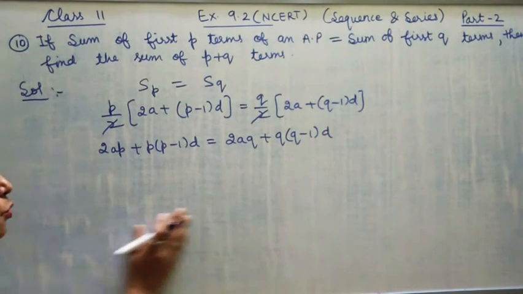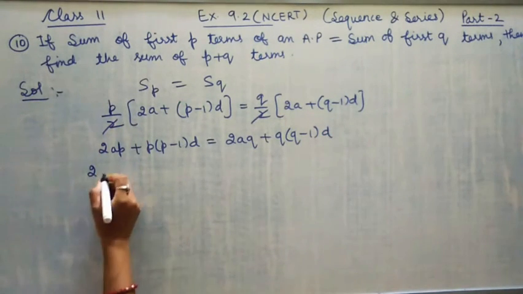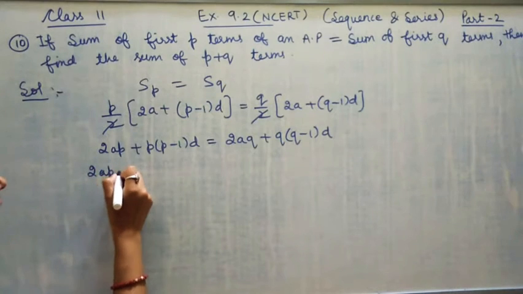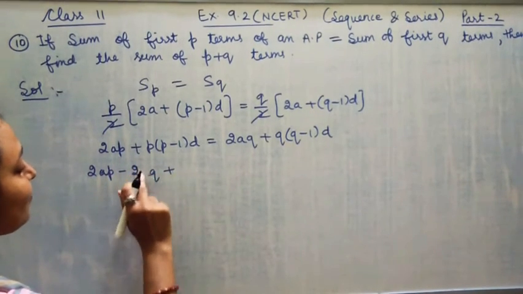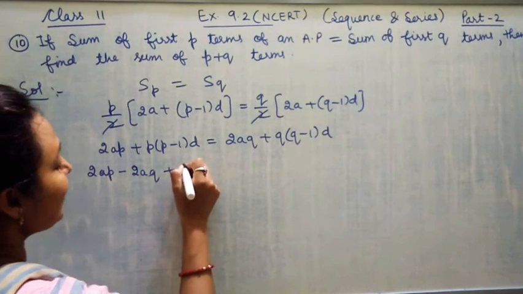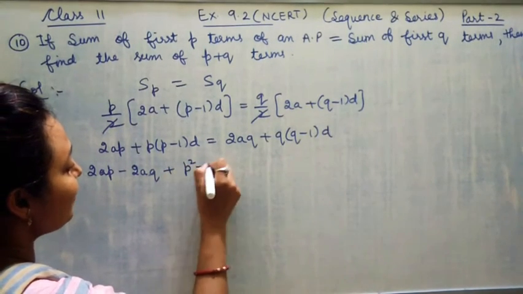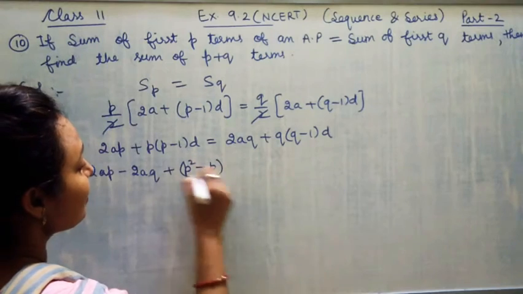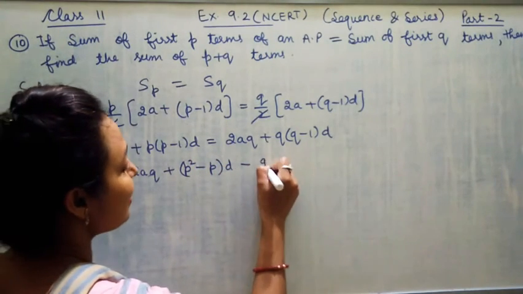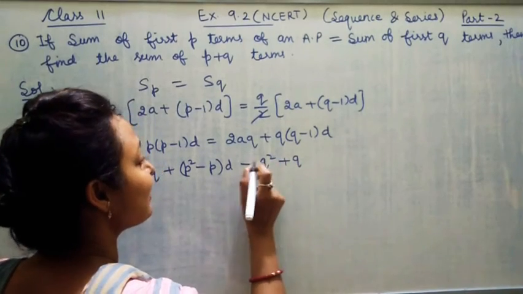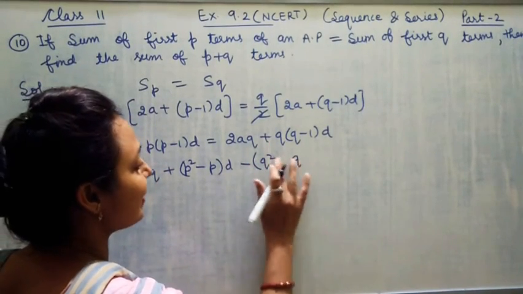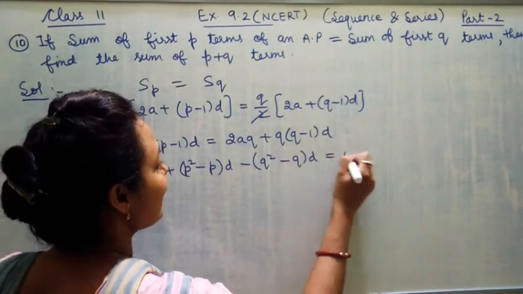I will take these terms to the left hand side: 2ap minus 2aq plus (p square minus p) into d minus (q square minus q) into d is equal to 0.